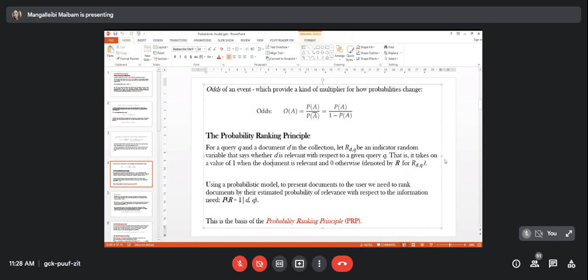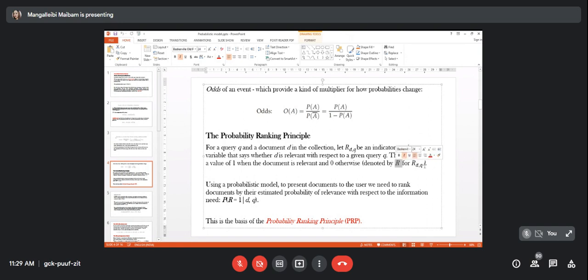It takes on a value of 1 when the document is relevant to the query, and 0 otherwise.